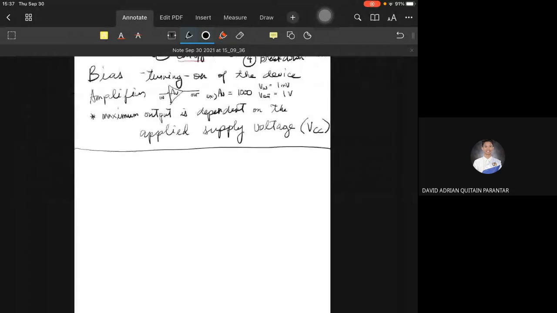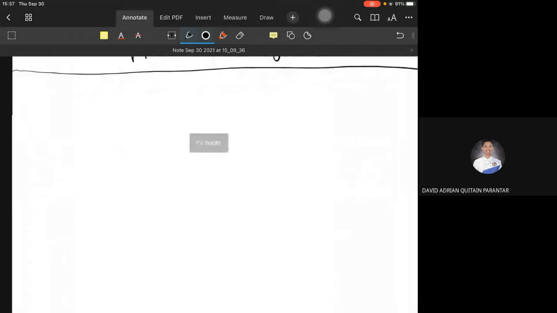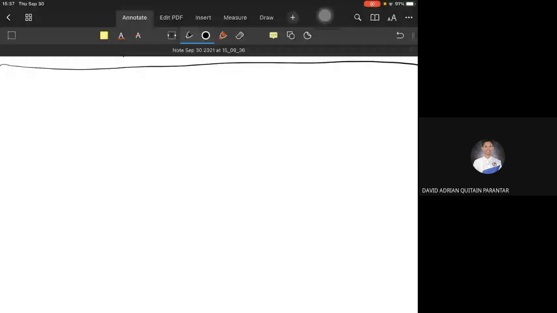So biasing is the turning on of the device. Now there are numerous ways to bias the transistor as an amplifier. This afternoon we'll only introduce one, before we proceed with our midterm exam.